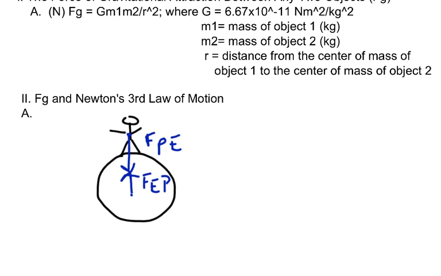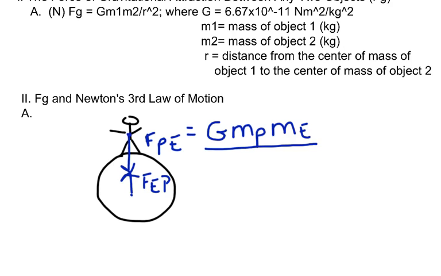If we were to calculate the force on the person because of the Earth, we would use the universal gravitational constant, big G, multiplied by the mass of the person, multiplied by the mass of the Earth, divided by the distance between the person and the Earth squared. Now, what is the distance between that person and the Earth? Isn't the person standing on the Earth?